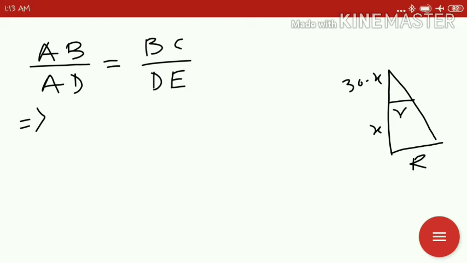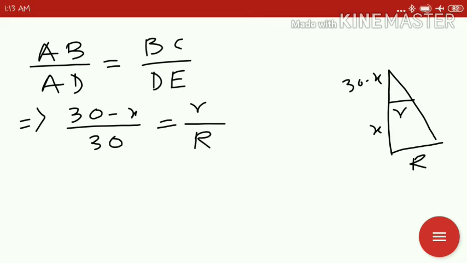So for AB we can take 30 minus x, and for AD we can take x, equals BC is taken as small r and DE as capital R. So now from here we can find out that capital R equals 30 r by 30 minus x.